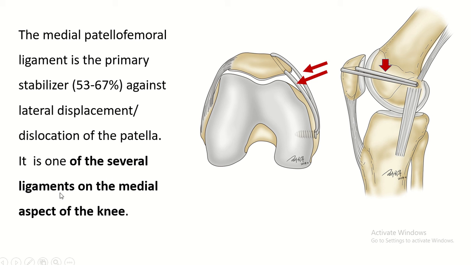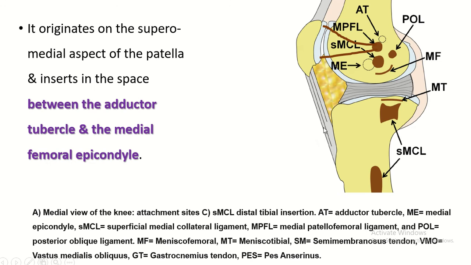It is one of the several ligaments on the medial aspect of the knee. You see there are other ligaments present on the medial aspect of the knee, but this is the main ligament which prevents dislocation of the patella.